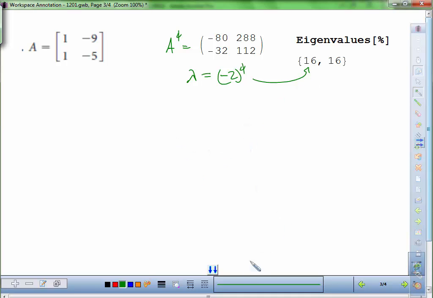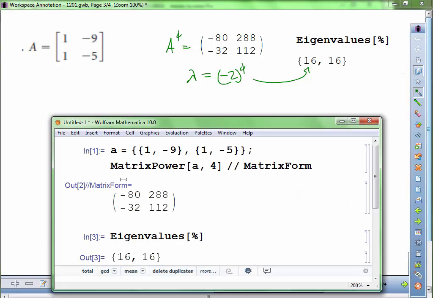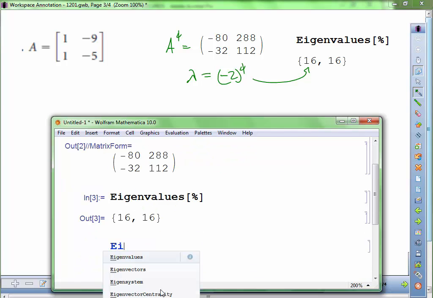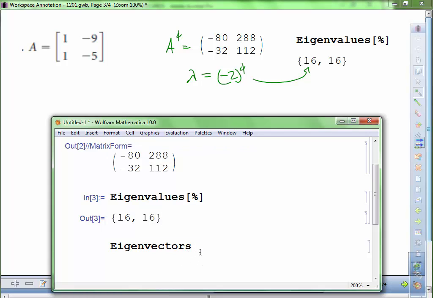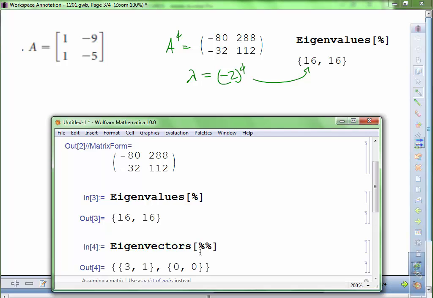And then it has to have a corresponding eigenvector. So let's see what the eigenvectors are. Just need the matrix. 3, 1, and then 0, 0, which we won't consider.